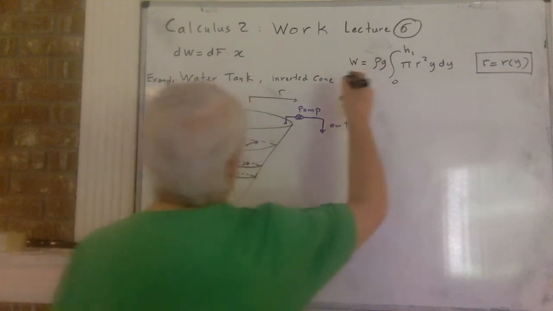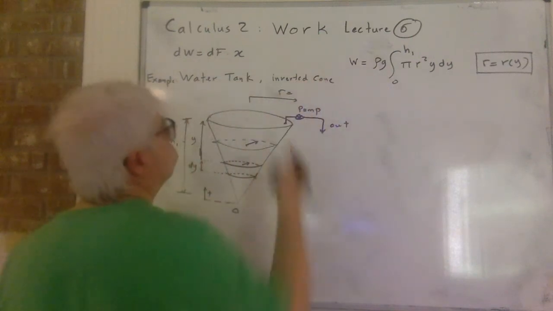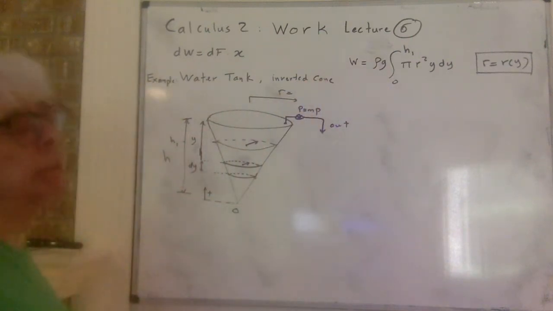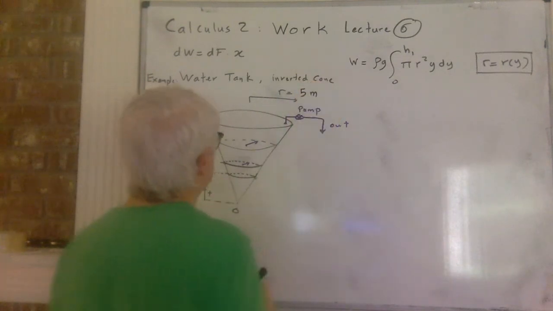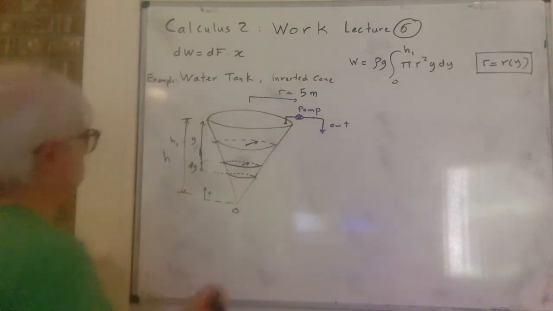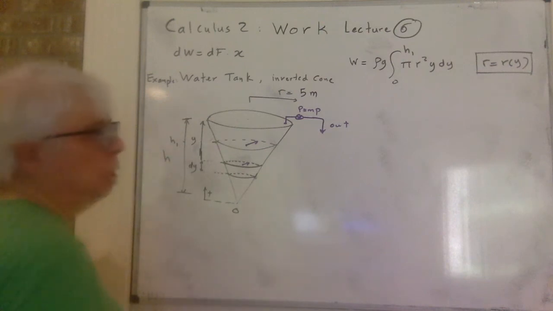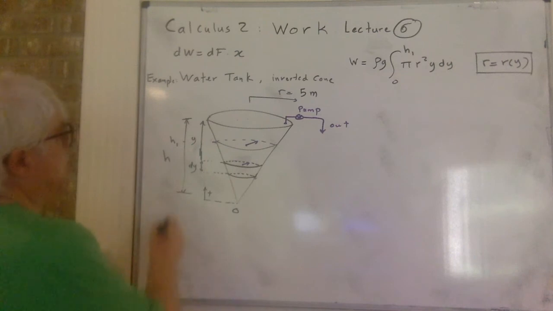And well, let's say R is how big R could be in SI units. Let's say it is like, I don't know, like 5 meters. And H, how tall? Like 20, is it? So H is 20.